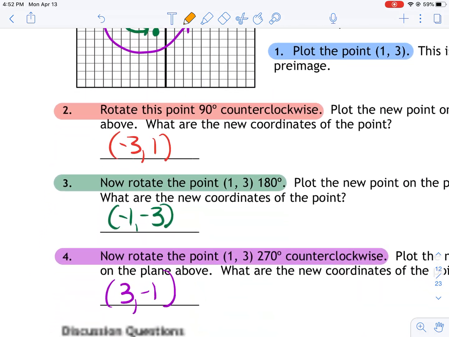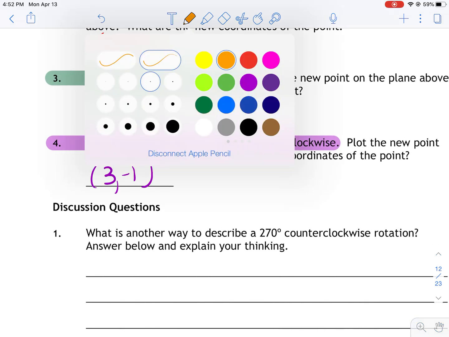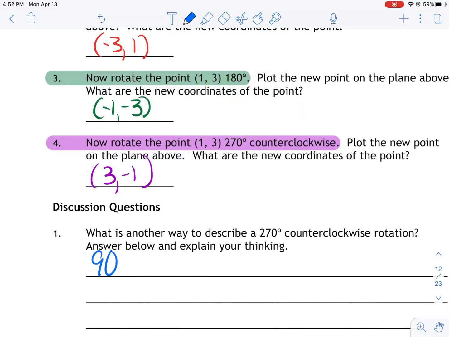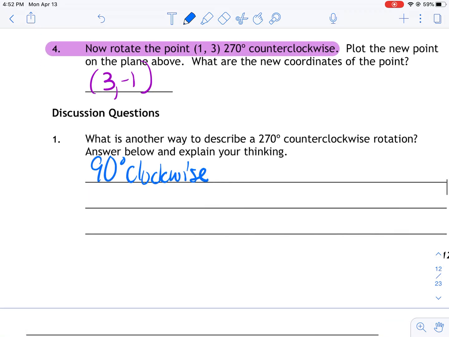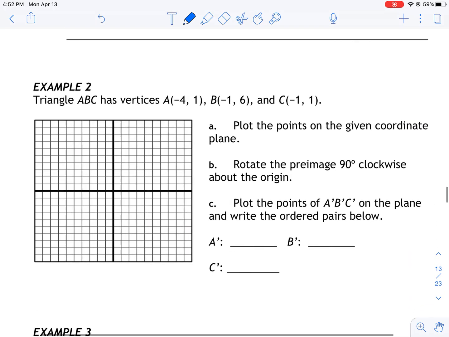Okay, so the 90 and 270 can be named both directions. Okay, so 90 in one direction, 270 in the other. All right. Okay, so 90 degree clockwise. Okay, and then we talked about this one already, about 180 being the same both directions.